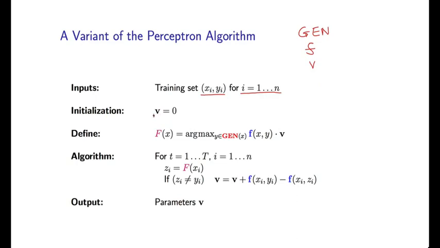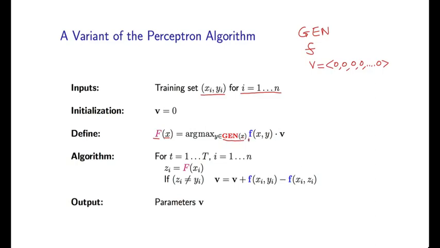So we initialize all of our parameters v to be 0. So we set v equals the vector of all zeros. That's the starting state. And then I'll define capital F for any input x in exactly the same way as before. So we enumerate all possible structures y in the set GEN of x.